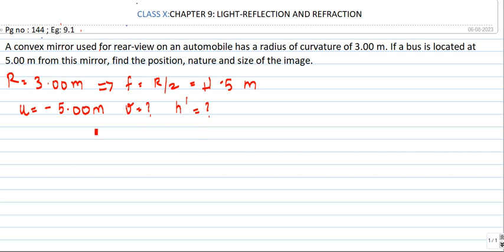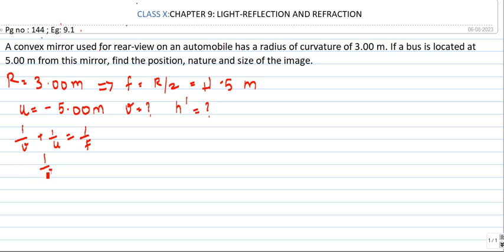We have found out f from R. So we will use the mirror formula. The mirror formula is 1 by v plus 1 by u is equal to 1 by f. We have to find out v.